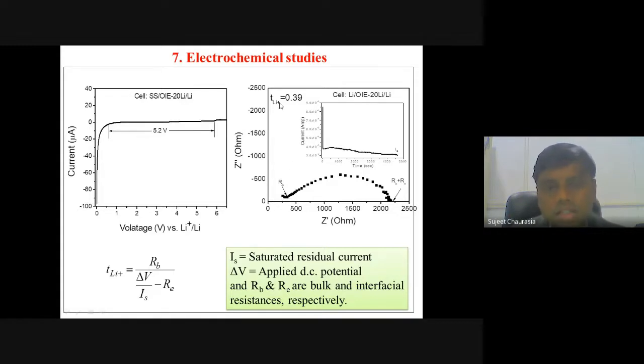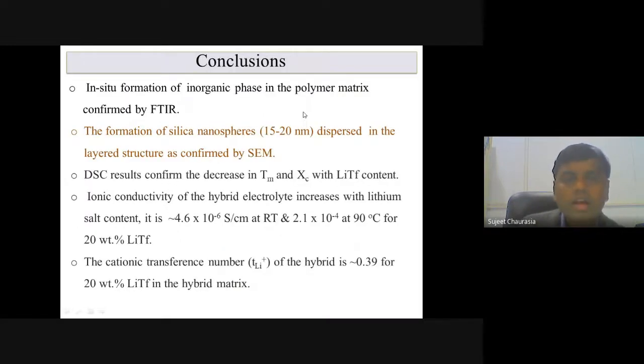The cationic transport number has been measured using the combined AC/DC technique using the following relation, and it is found to be 0.39. In conclusion, the in-situ formation of the inorganic silica SiO2 particles within the polymer matrix has been confirmed by FTIR as well as SEM and TEM analysis.